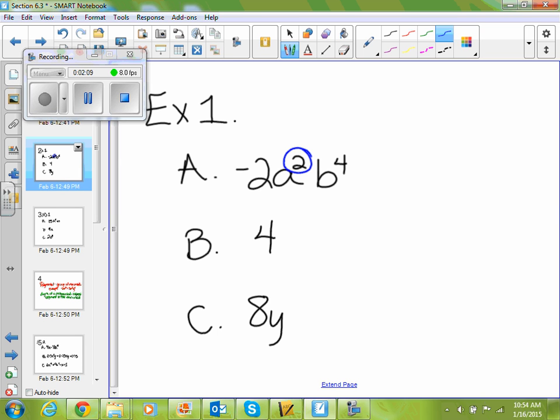So in part A, I have an exponent of 2 and an exponent of 4. I need to add those up to find my degree. So 2 plus 4 gives me 6. So this is a 6th degree monomial.